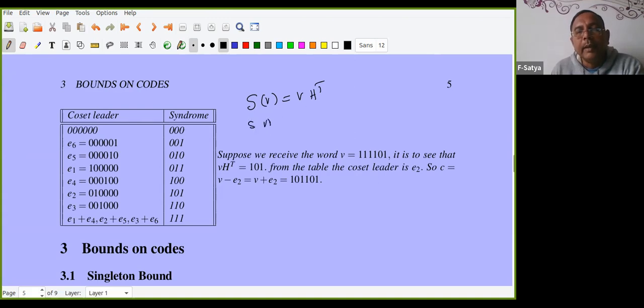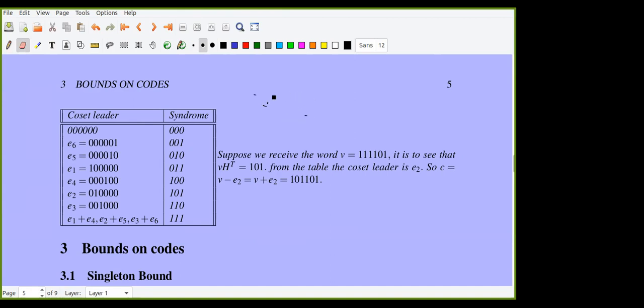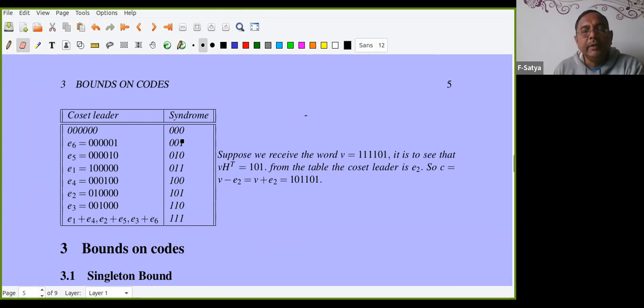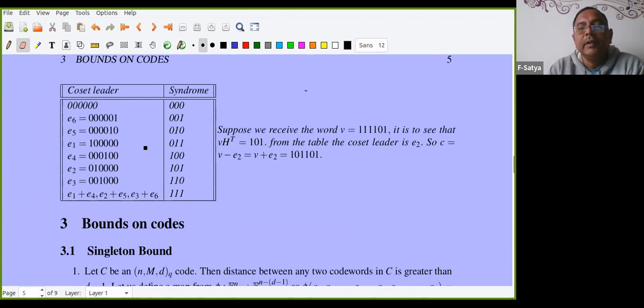Which vectors will map to 0 0 0? All code words, right? So these are the pre-images. The entire coset corresponding to this, the entire row, is mapped to this. That is the beauty of linear codes.